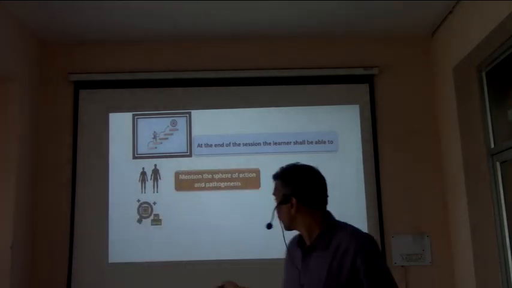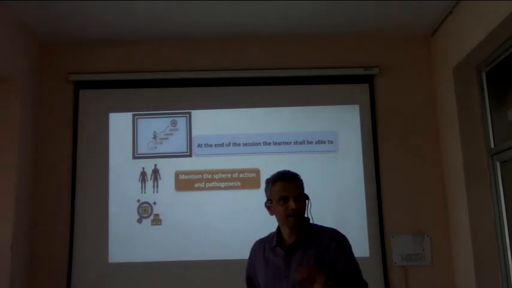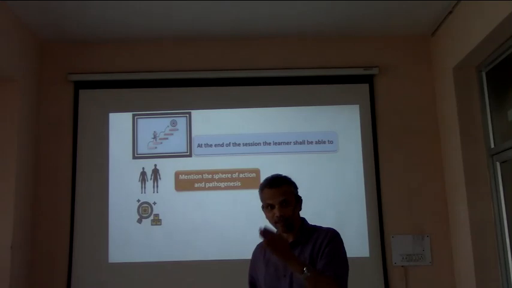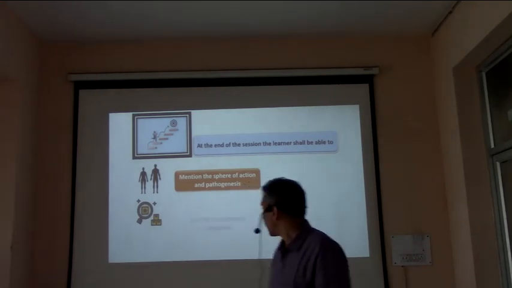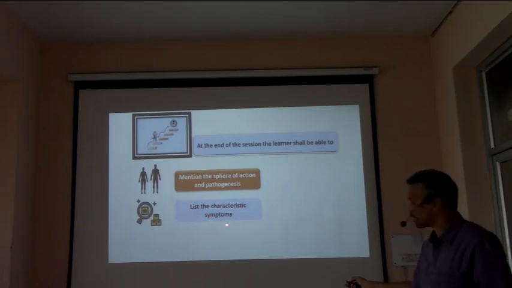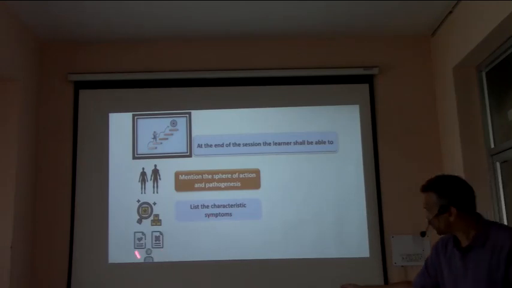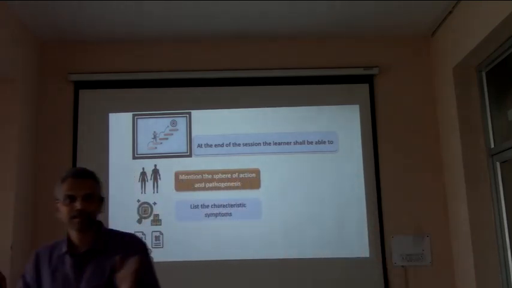What I was trying to tell you here is, we are looking at what is peculiar, what is unique, what is uncommon, what is characteristic in Asterias Rubens. List the characteristic symptoms of Asterias Rubens, and very important for a PG student is, we are trying to compare.